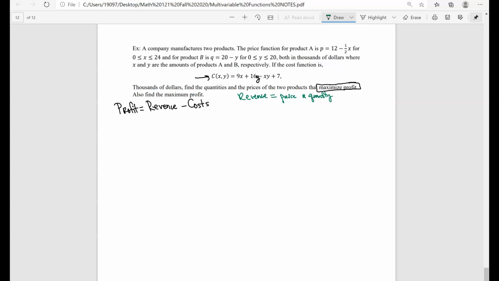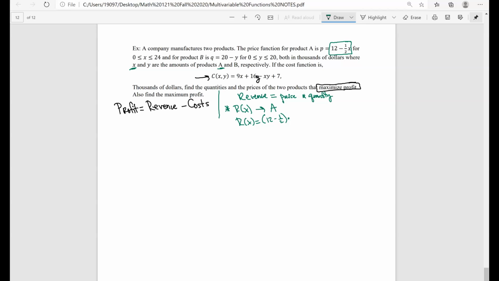In order to find the revenue, notice that two things are coming into the revenue part. The first one is the revenue for A, R of x. The reason I wrote R of x is because x is the amount for product A. So we're trying to figure out the revenue for A. The revenue is just going to be the price, so the price for product A is 12 minus 1/2 x, and we're going to multiply it by the quantity.